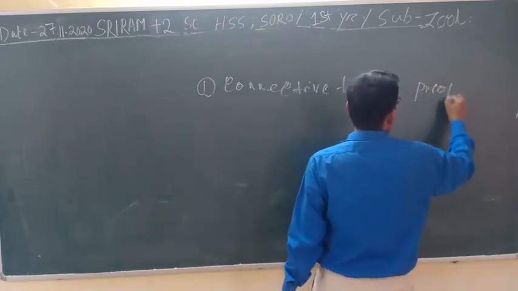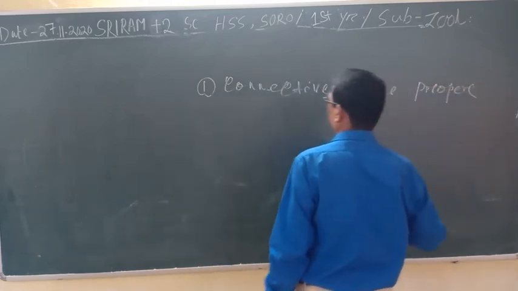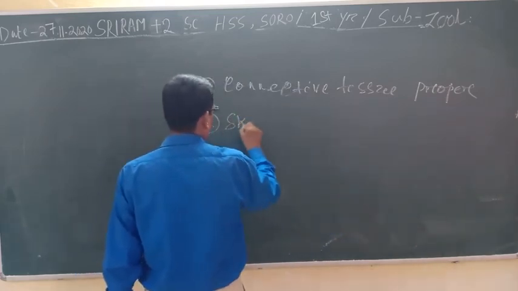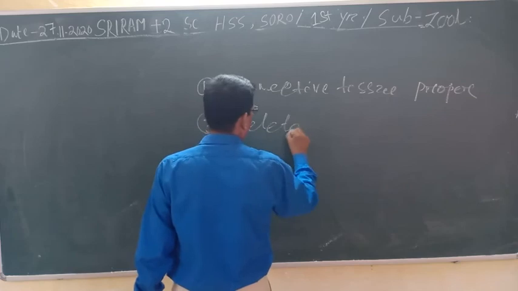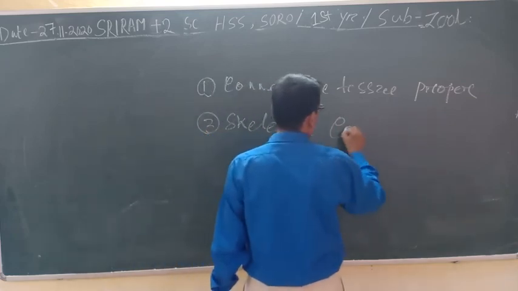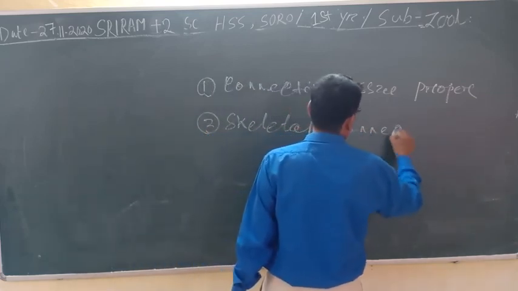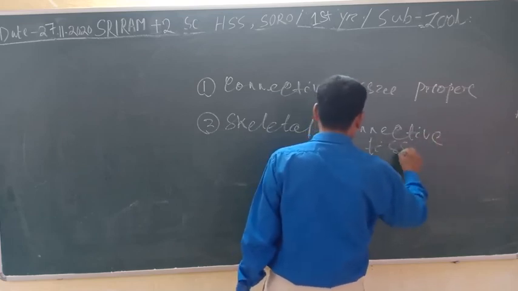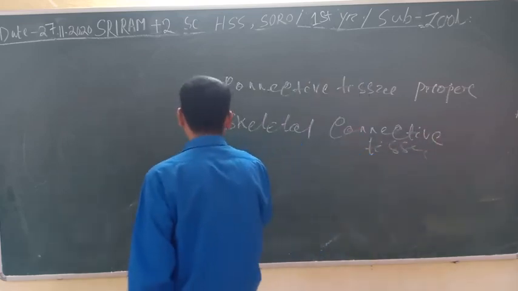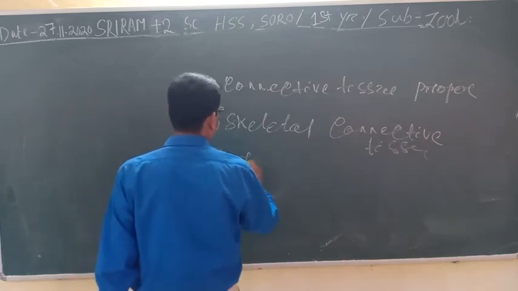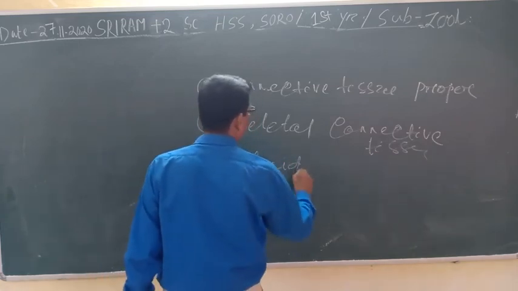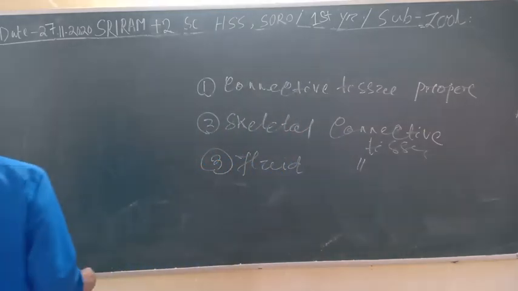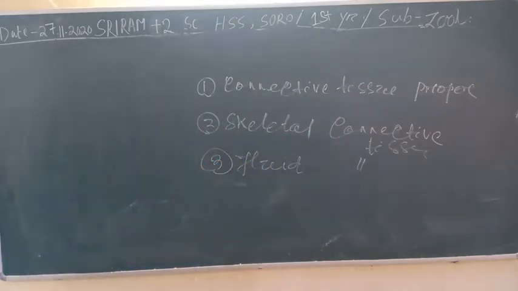The second one is called the skeletal connective tissue. And the third one is called the fluid connective tissue.